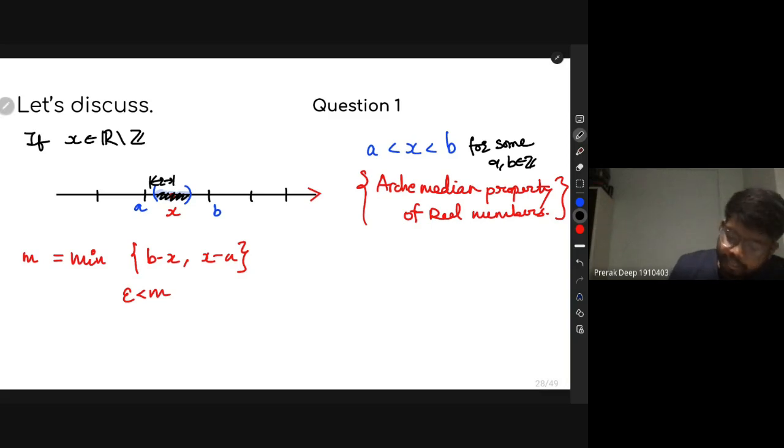So it implies that this limiting x has to be in Z, it has to be one of the integers.